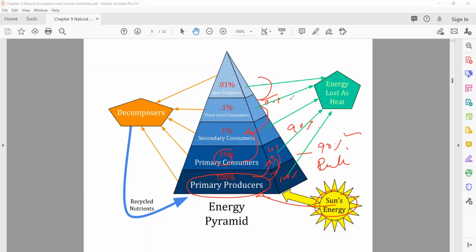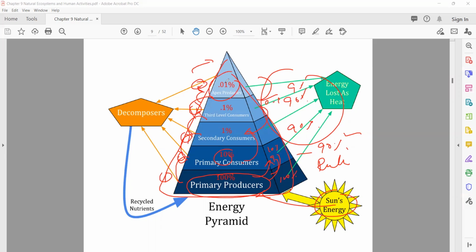At each energy level, 90% of the energy is wasted and only 10% is transferred to the next trophic level. That's why the energy pyramid cannot go further than, for example, 1, 2, 3, 4, 5, or maximum 6, because then the energy level becomes really low.